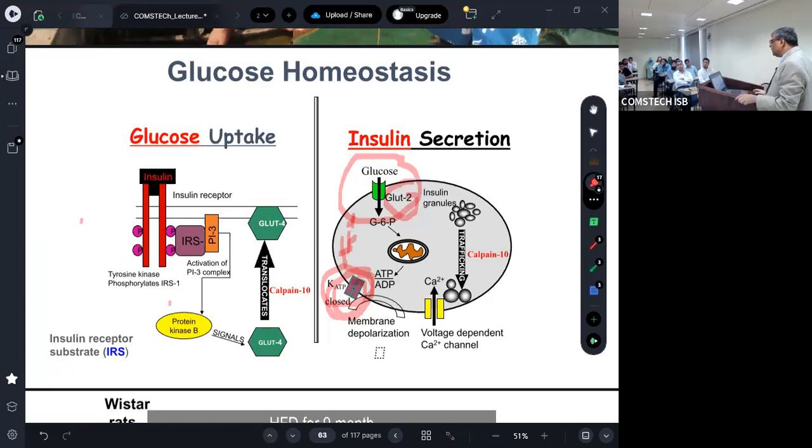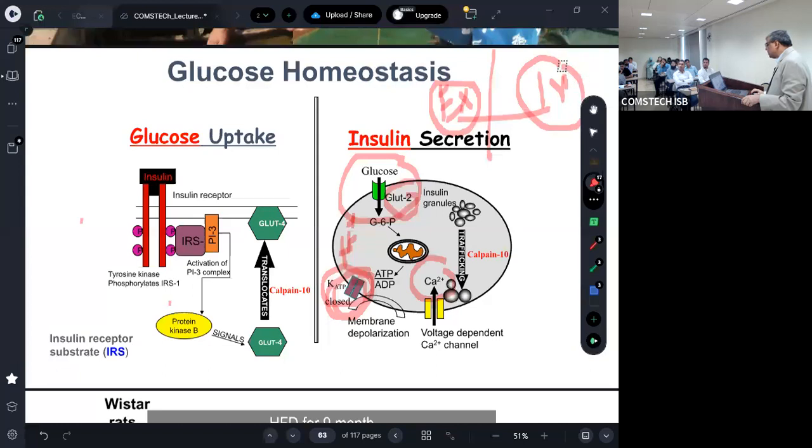Remember, there is an intracellular concentration of calcium and an extracellular concentration. Are they the same or not? Not the same.